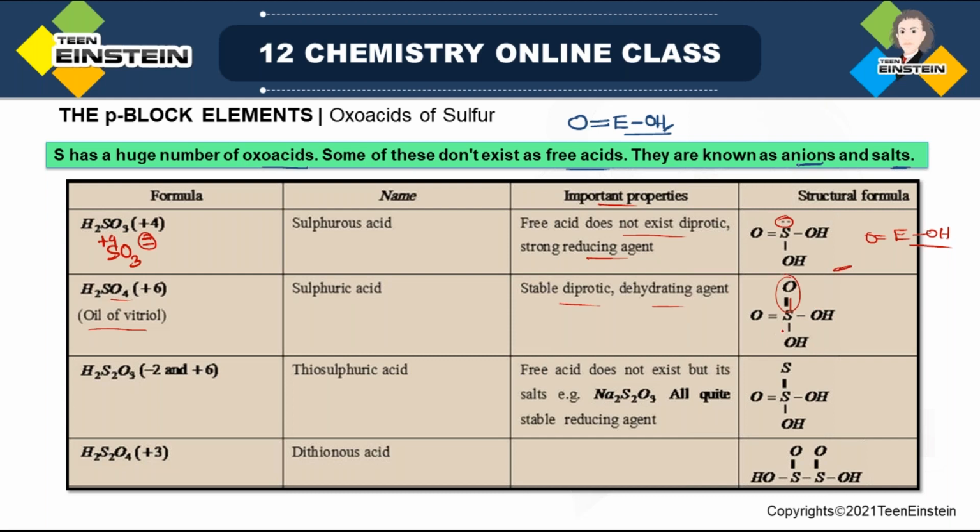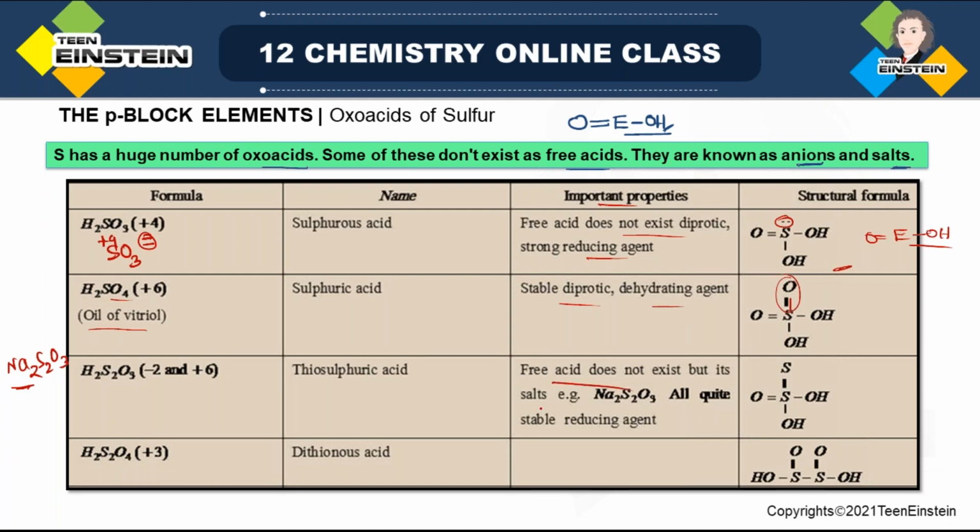This oxygen is extra. Next is H2S2O3, thiosulfuric acid. We have already seen sodium thiosulfate. Now just replace these two Na with H, then it will be this acid H2S2O3.